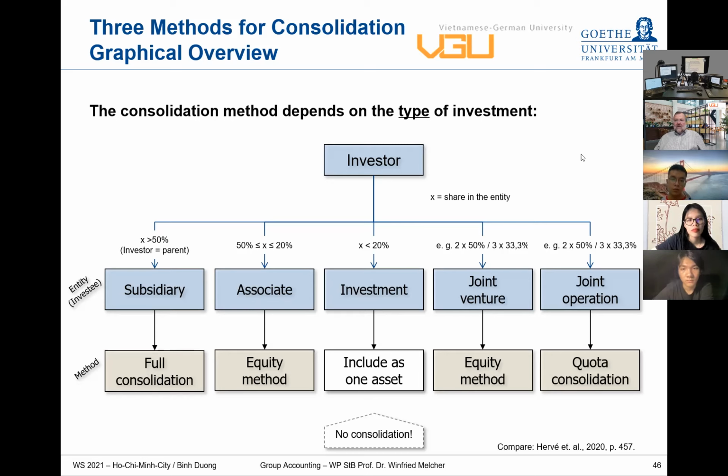So this is just something you should print out, hang over your bed, and look at every evening. So you will easily identify the method that you will use when you have a certain type of investment.